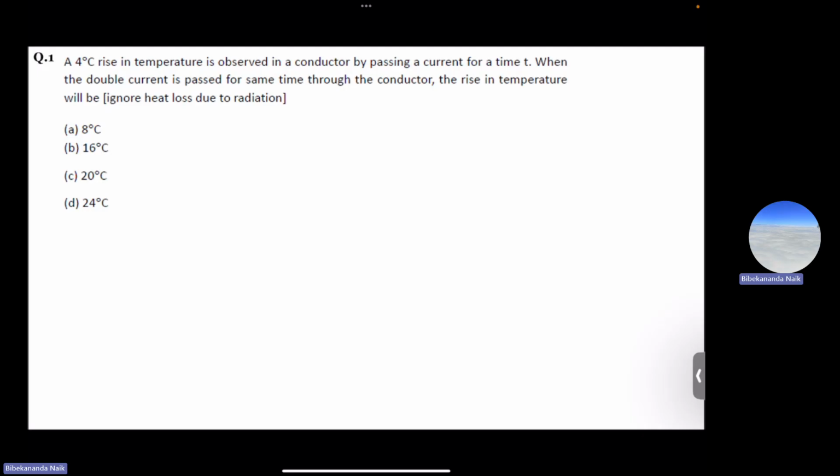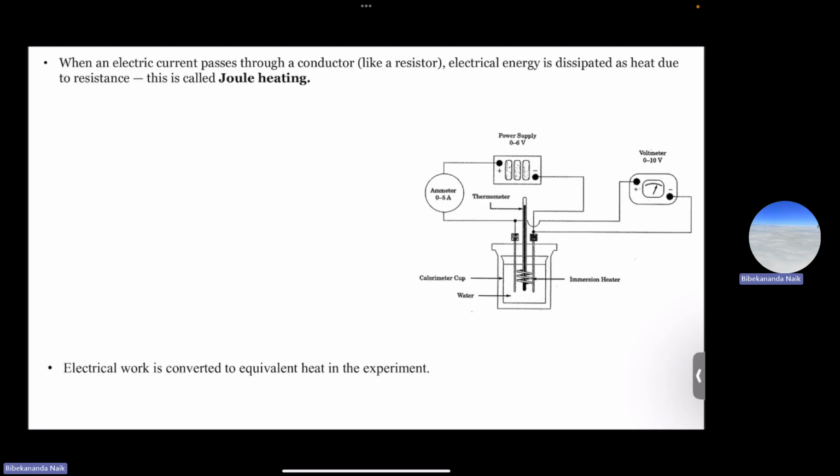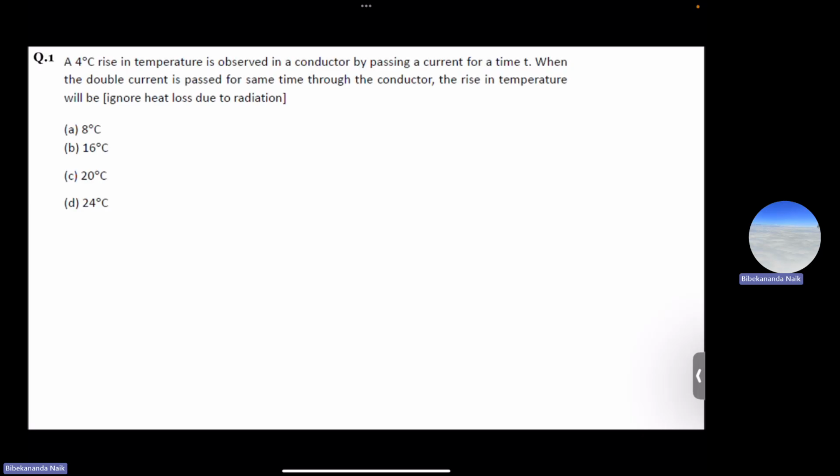Now question number one, what does it say? A 4 degree Celsius rise in temperature is observed in a conductor by passing a current for a time t. When double the current is passed for the same time through the conductor, then the rise in temperature will be: ignore heat loss due to radiation.